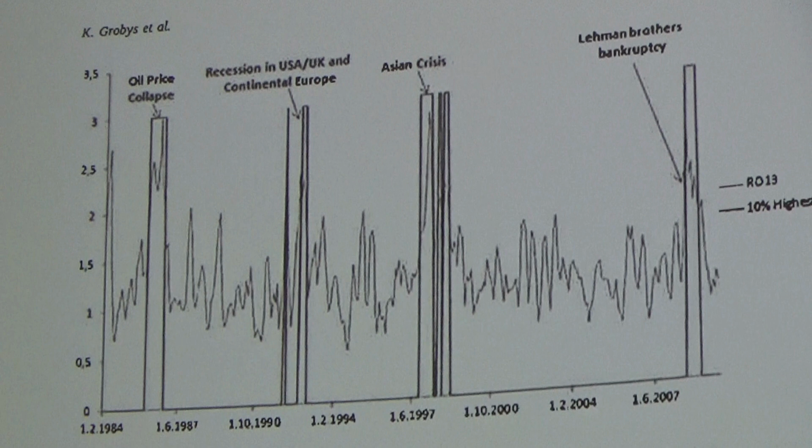In the early 90s, we had the recession in the USA, the UK and continental Europe, including Finland, as far as I'm concerned. And in the mid-80s, the oil price collapse also coincides with peaks in currency market dispersion.